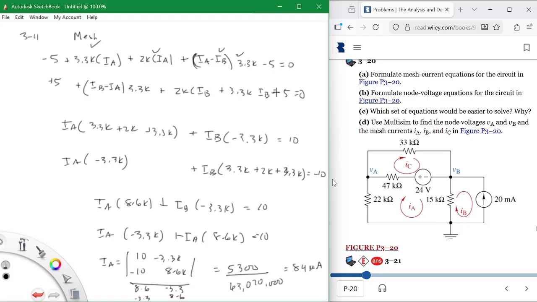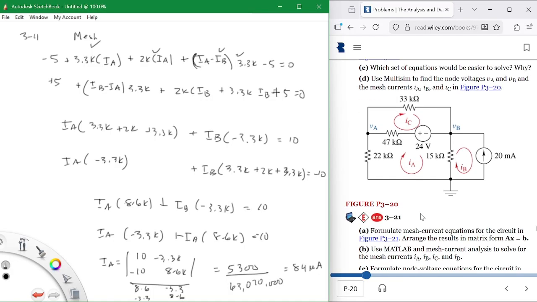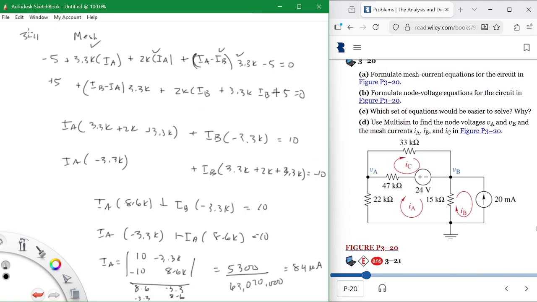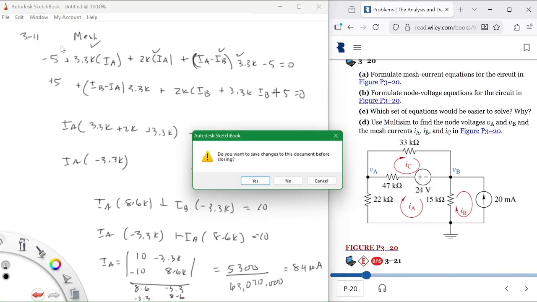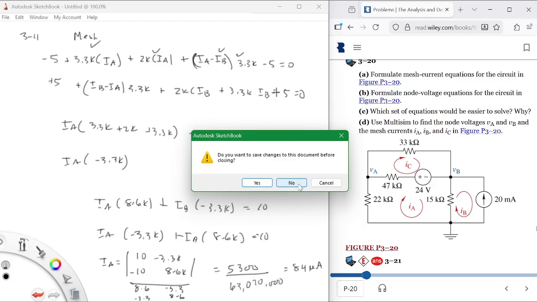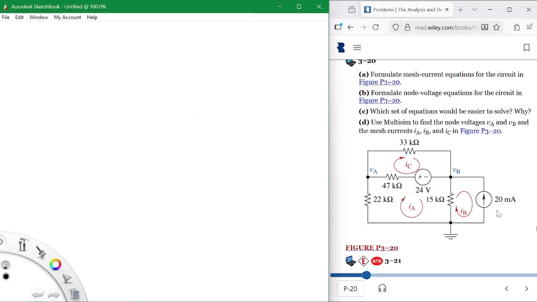So basically, this equation becomes IA and IC. This becomes a little easier, all right? So for this one, up here, you write, okay, so this would be for problem number 20.